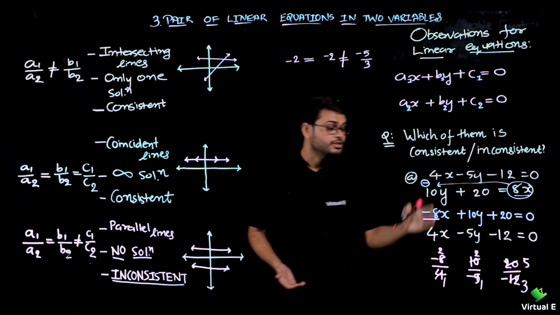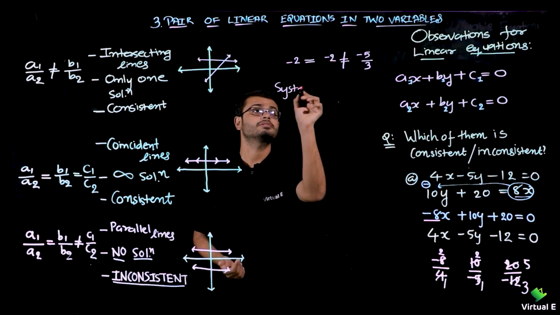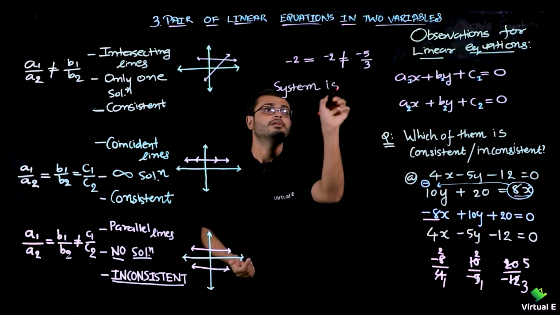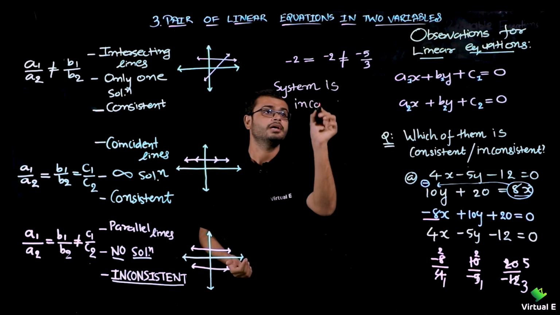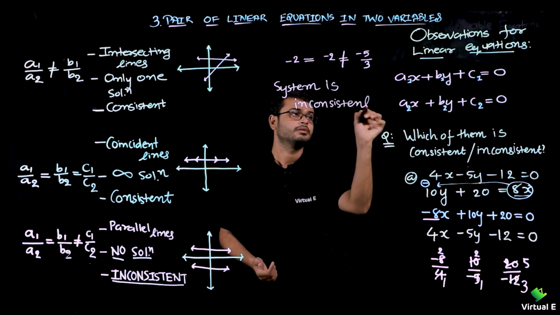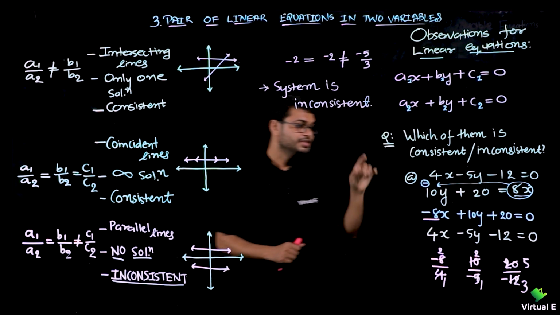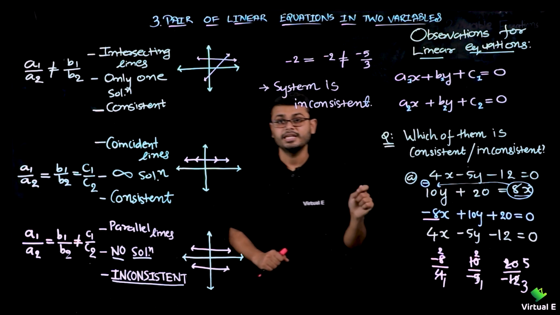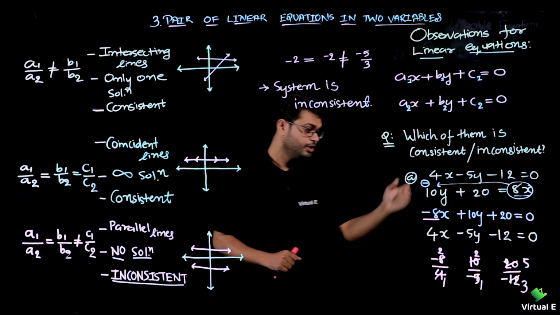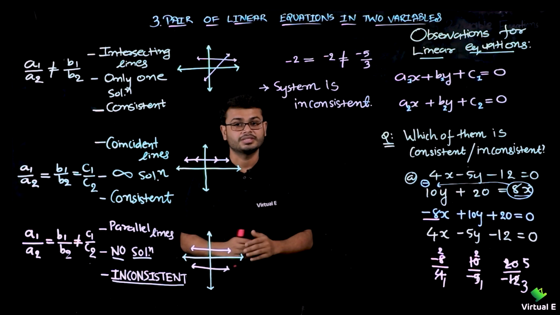We need to judge, is it consistent or inconsistent? The system is inconsistent. So this is my final answer. Remember, standard form is the key to getting the correct answer. You need to take proper ratios, then compare with the formulas.